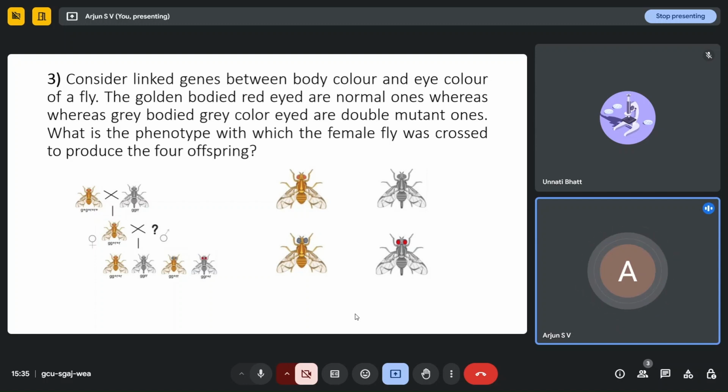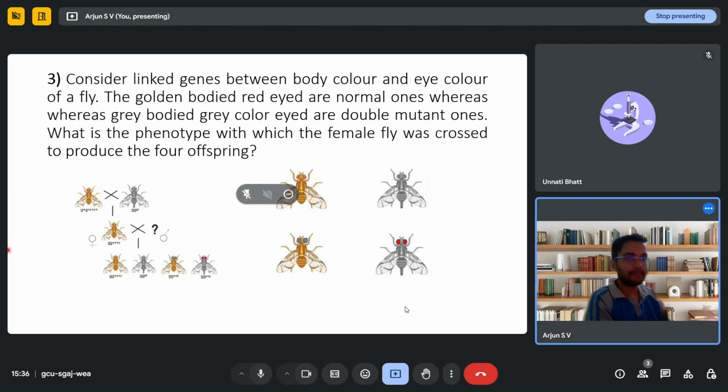If we look at this problem through that, we can easily solve it. Okay, I'll go on to explain the answer.